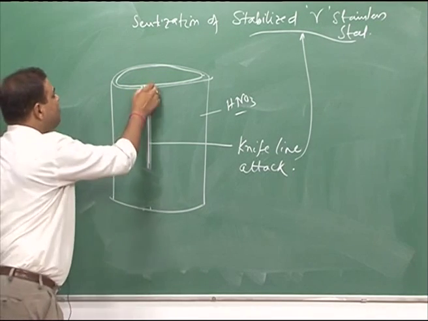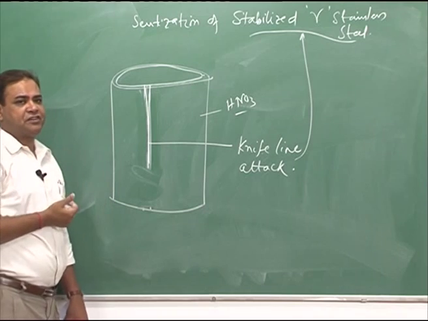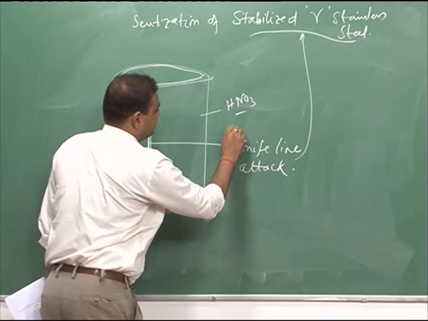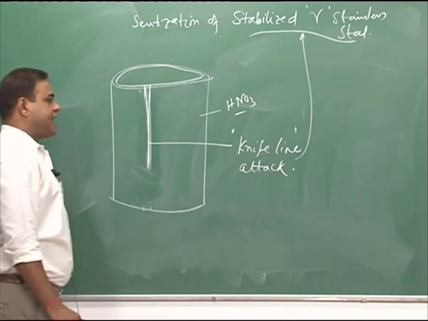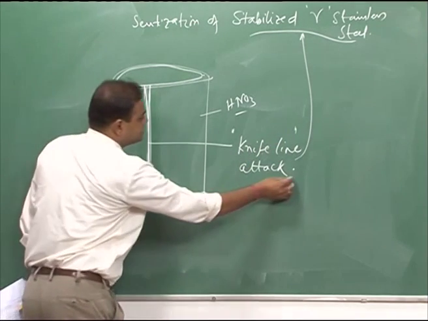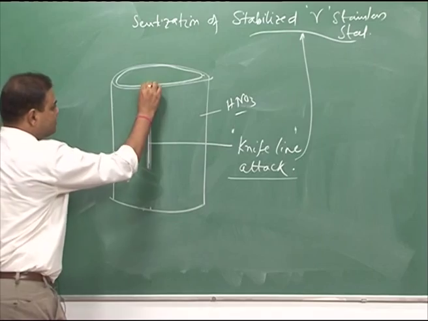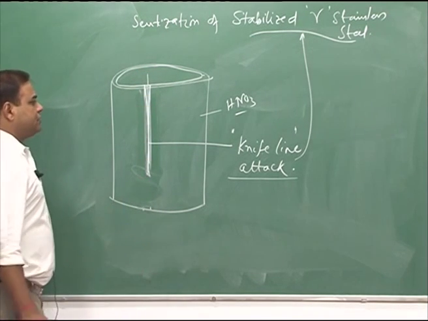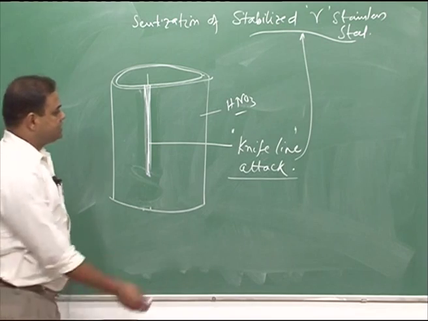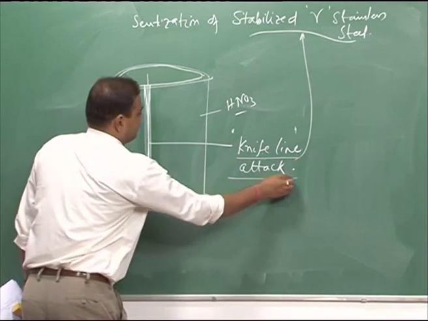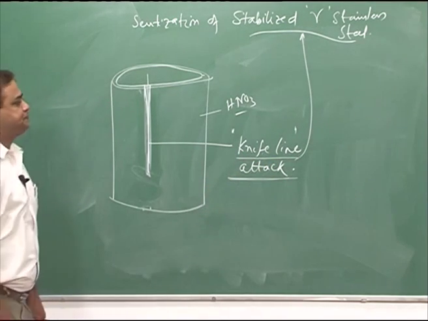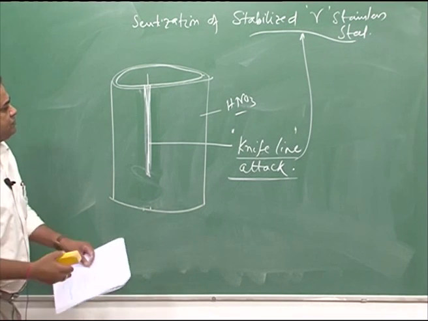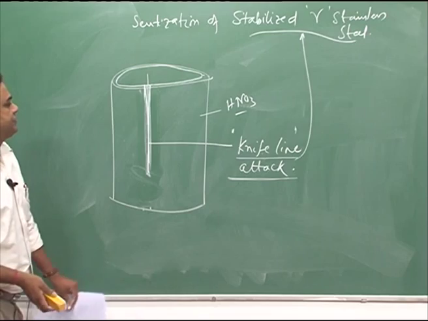When we go for stress relieving operation, we come across sensitization, and that sensitization would lead to a very sharp sensitized zone, and that section would be corroded due to intergranular attack and lead to knife line crack formation or knife line attack. So, let us see what is happening there.